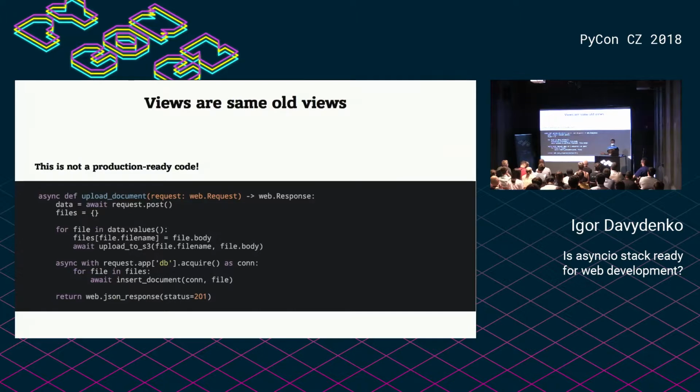But the views are the same old views. The conception of views has not changed at all. As we have the view as the main point of our applications in Django or Flask, we have completely the same concept in aiohttp. What we have here is not production-ready code, but we're uploading some documents.